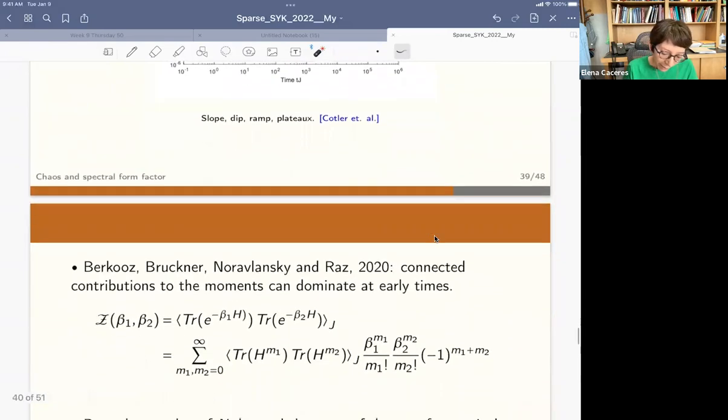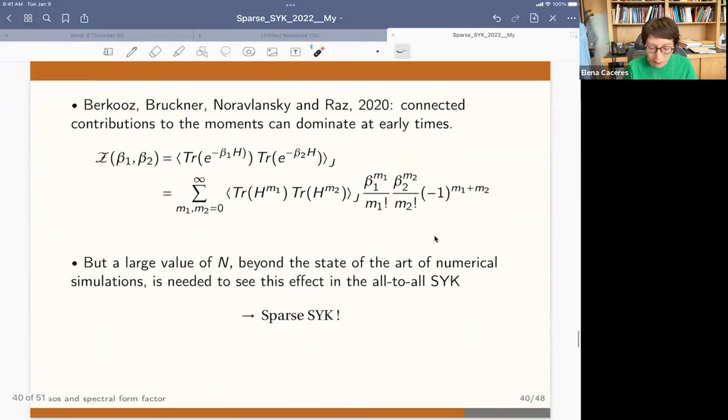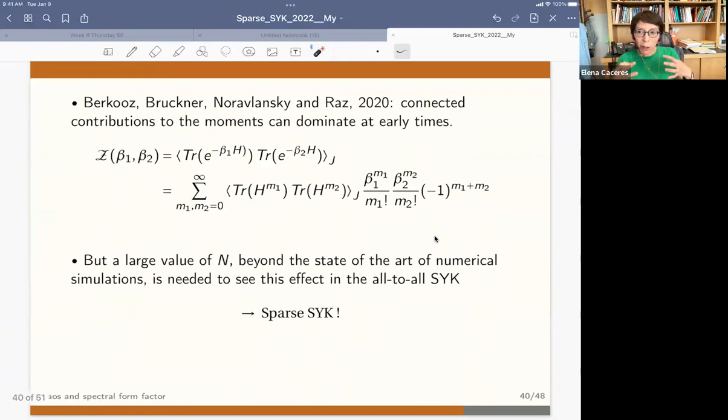But you cannot simulate that effect these guys proposed, you had to go to a very large N, an N that is not available in the state-of-the-art numerical simulations for the all-to-all SYK. So you could not actually do numerical simulations and show that the connected part dominates.